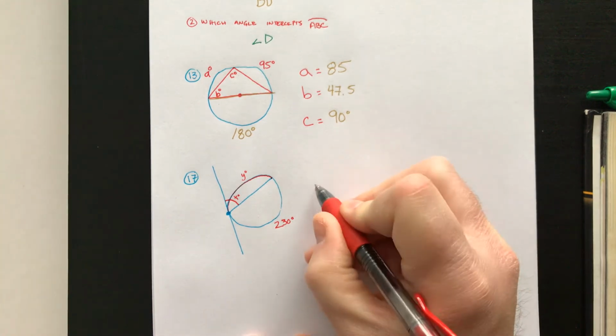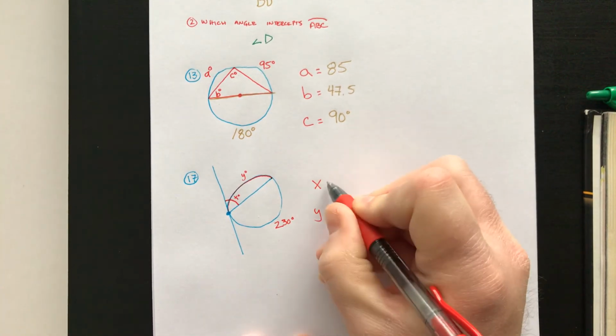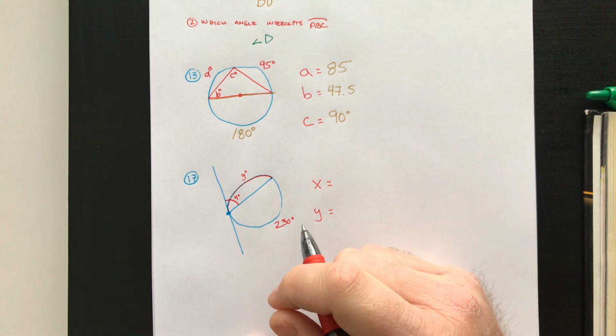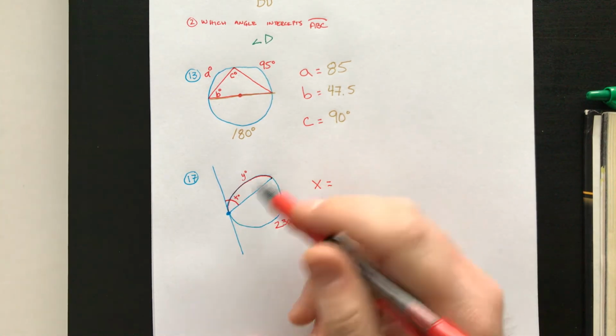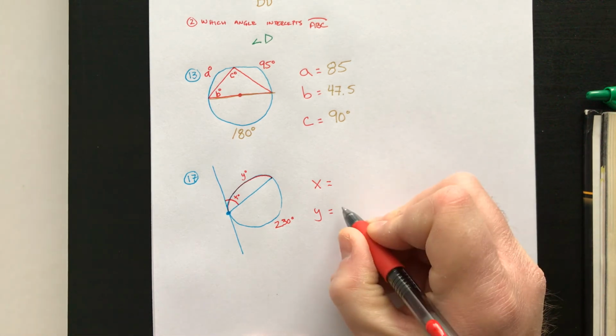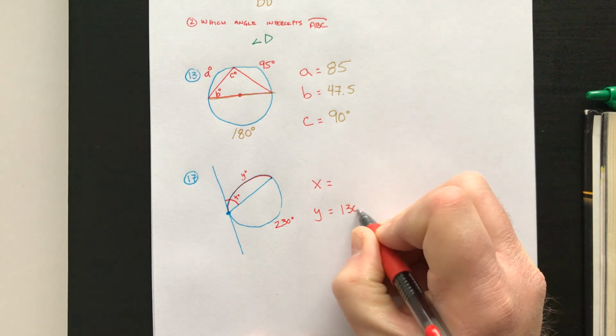Well, so we have to solve for X and Y, okay? We're going to solve for Y first because the distance around an entire circle is 360 degrees, correct? So if we take 360 and subtract 230, I know that the arc Y has to be 130 degrees.